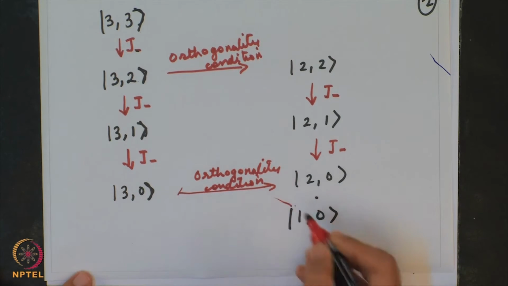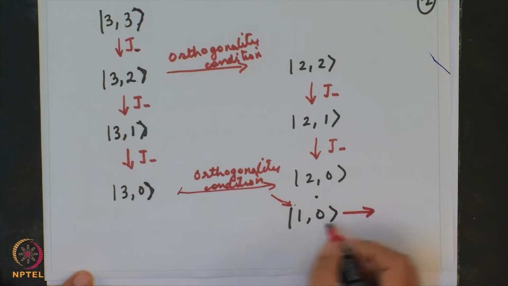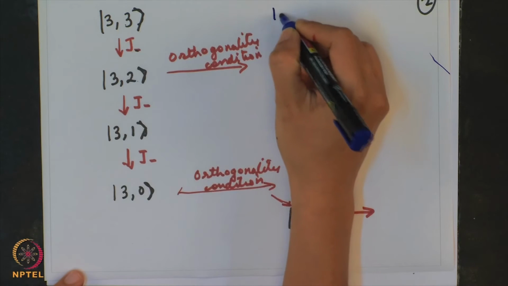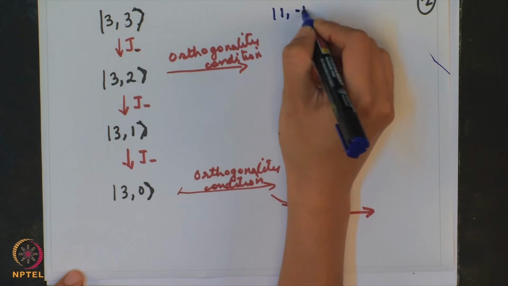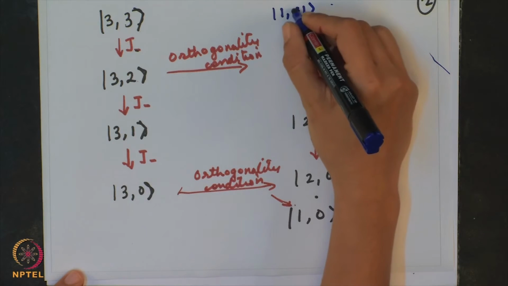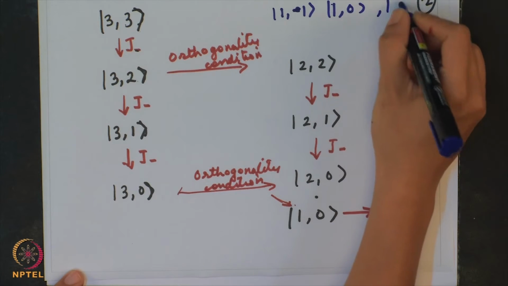This will give you the 1 1 state, and here you can do two things. Our idea is to obtain 3 states. What are the 3 states? 1 minus 1, 1 0 and 1 1.